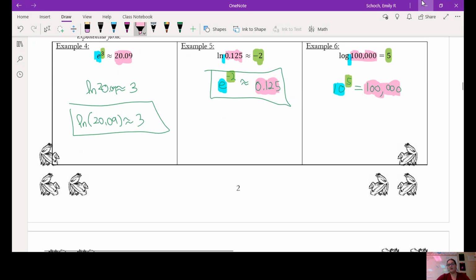Think about it structurally as you're doing these: what is the base? What is the exponent? What's the number that's left over, or the argument, or the answer, however you want to think about it? That's really what's going to tell you how to do the problems, because they're going to give them to you in different orders. When you do the IXL for this, some of them you're just going to fill in order, and some of them you're going to fill in only some of the numbers.